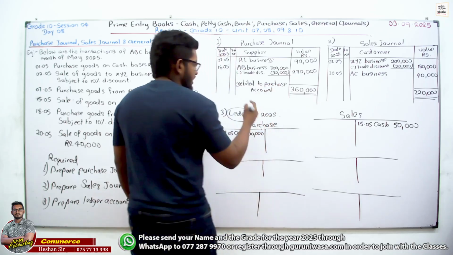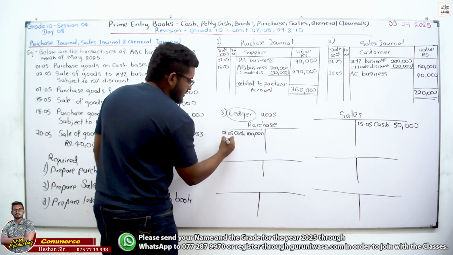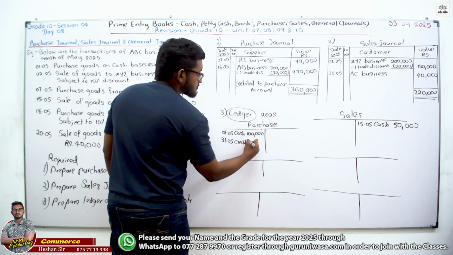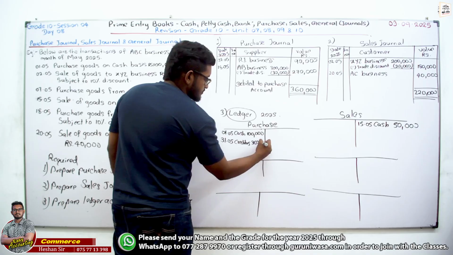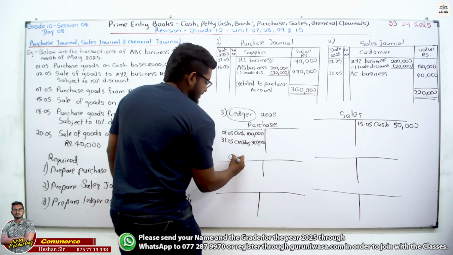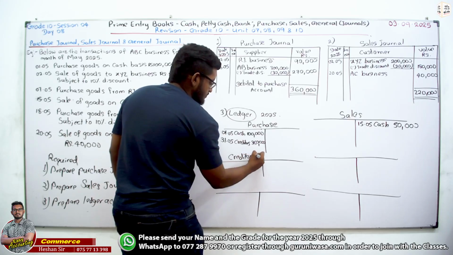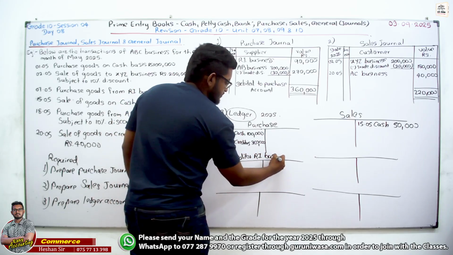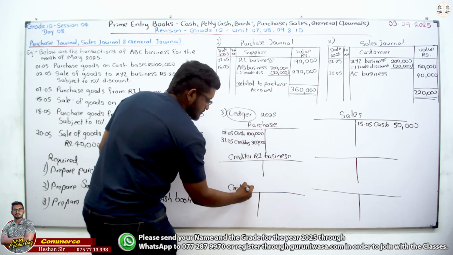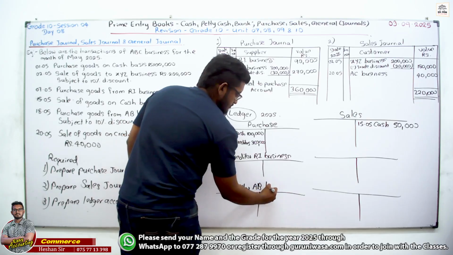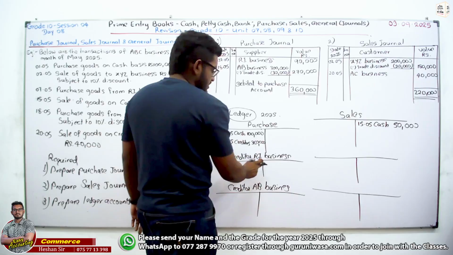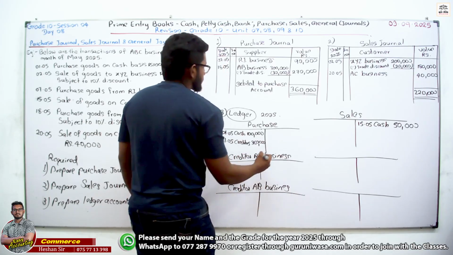Debit the purchase account as month end date 31st of May as creditors 360,000, right? Credit to the relevant creditor, creditor RI business, transaction date, creditor AB business, we credit to the relevant creditors account on the transaction date, right?